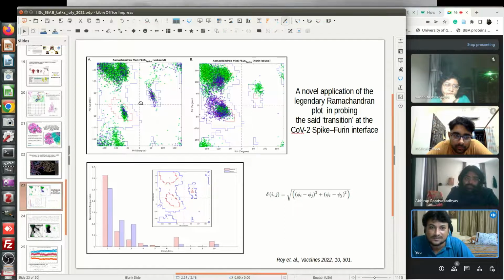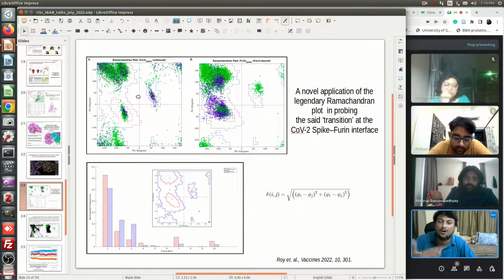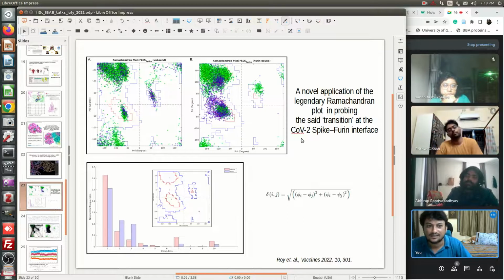So this is where we plot the phi psi angles of the PRRAR motif in its disordered state compared to its ordered state, and we sampled at a certain interval from the corresponding MD simulation trajectory.